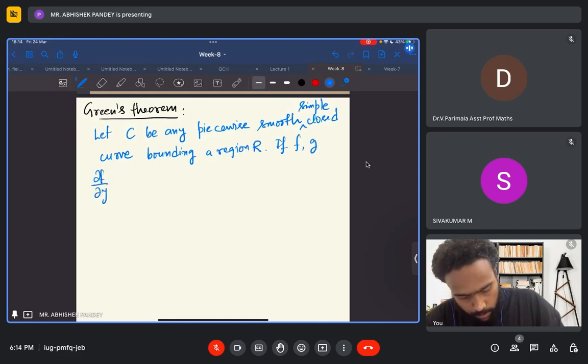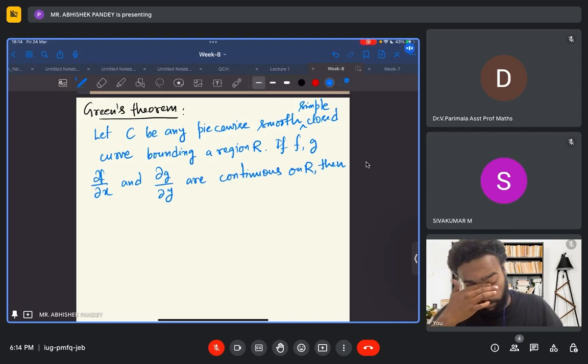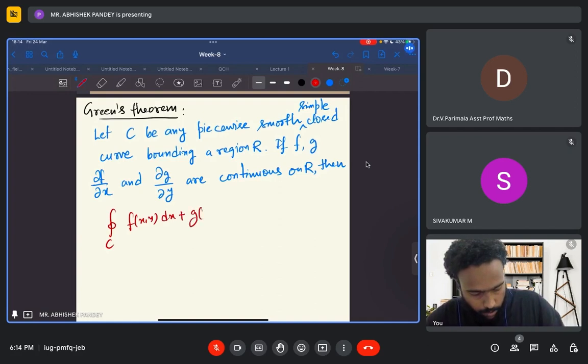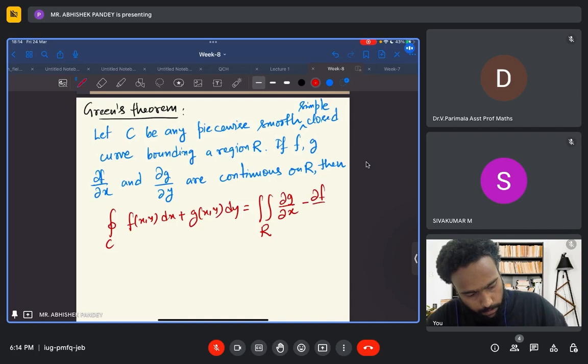If f, g, del f by del y, del g by del x, del f by del x and del g by del y are continuous on R, then this integral over C of f of x comma y dx plus g of x comma y dy is equal to the double integral over this region R of del g by del x minus del f by del y dx dy.